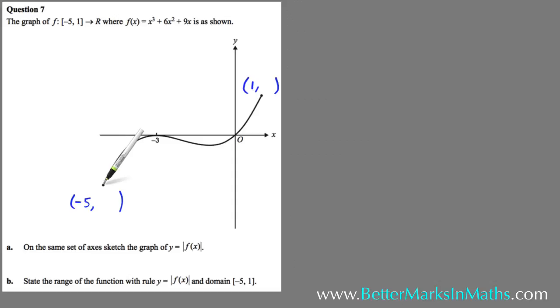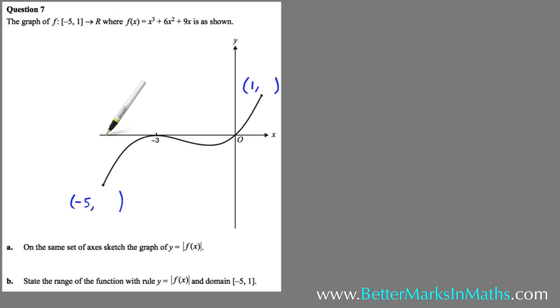So that means that the reflected point will be directly above this one here, and the vertical distance it will be from the x-axis will be the same as the vertical distance this point is from, or below, the x-axis. So that's a key thing you must make sure you do in this kind of question in an exam. It's good to practice it when you're not in the exam so you know exactly what to do when you get a question like this.